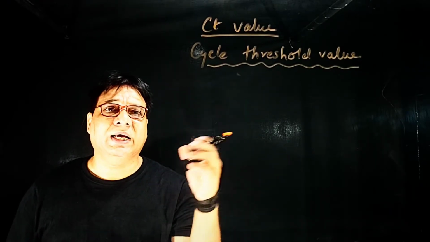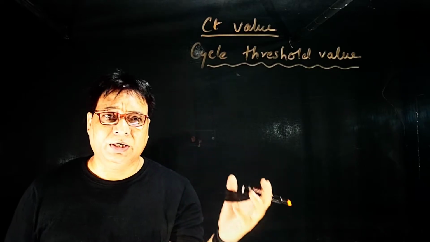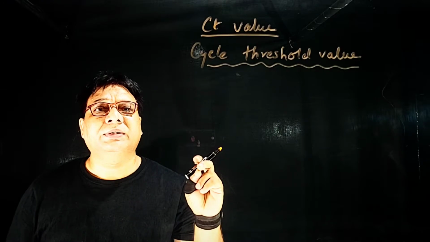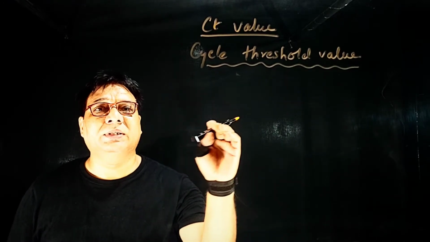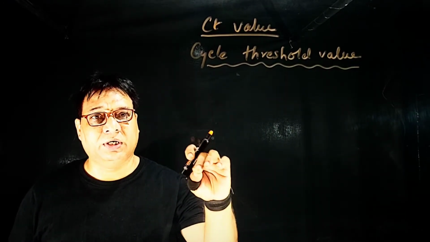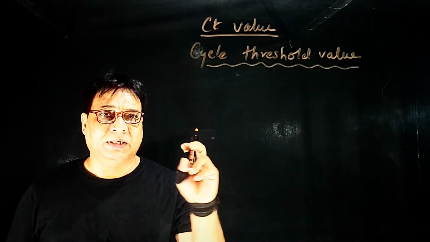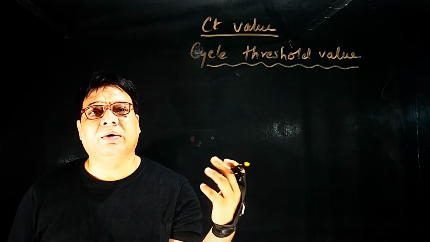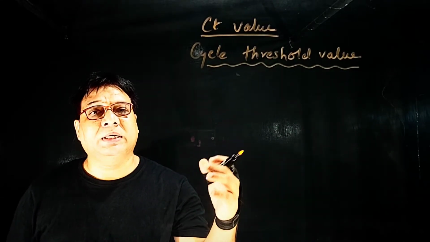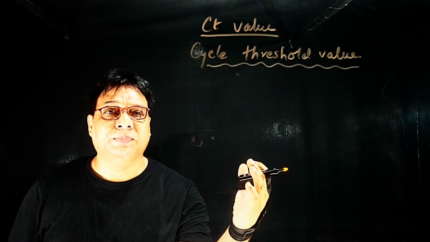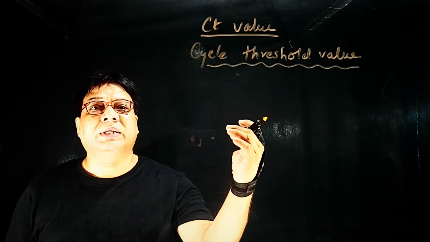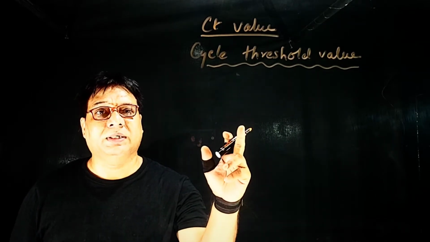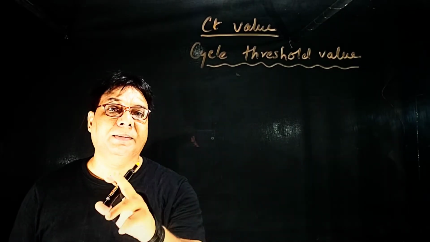The double-stranded DNA are being formed and accumulated in the reaction mix, but the fluorescence they emit is not above the background fluorescence that is already there in the reaction mix. The unbound fluorophore molecules also emit a background fluorescence. After a certain number of PCR cycles, the fluorescence suddenly rises above that background level, and that number of PCR cycles is the CT value of that sample.